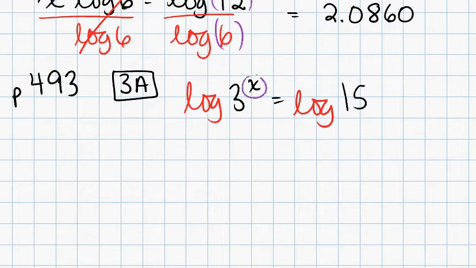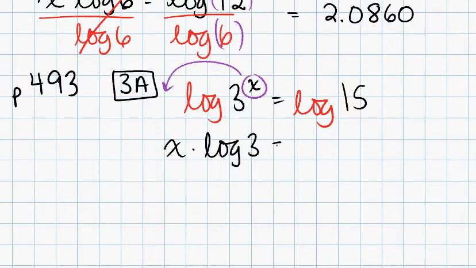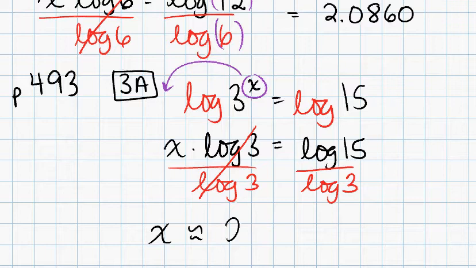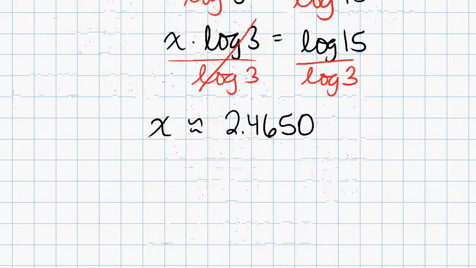The power property moves the exponent to the front. So x times log 3 equals log 15. To solve for x, we once again divide. So you should have that x is about 2.4650.